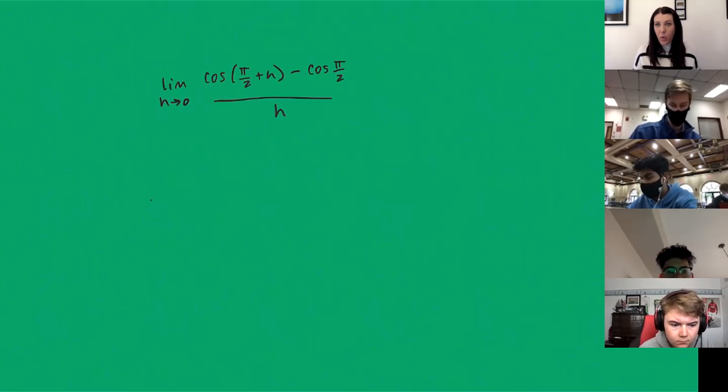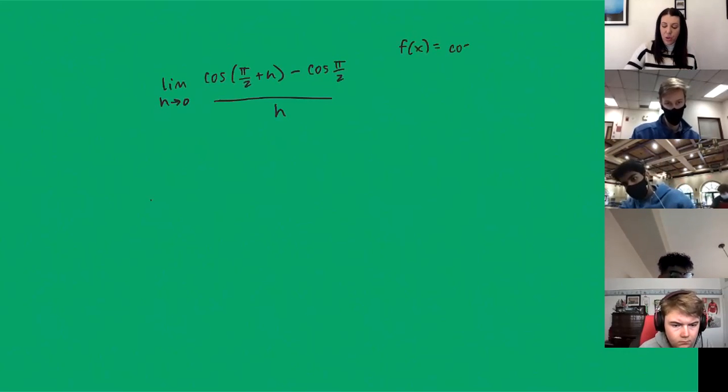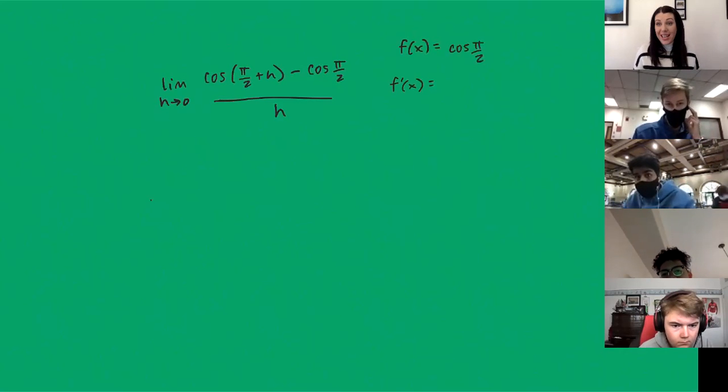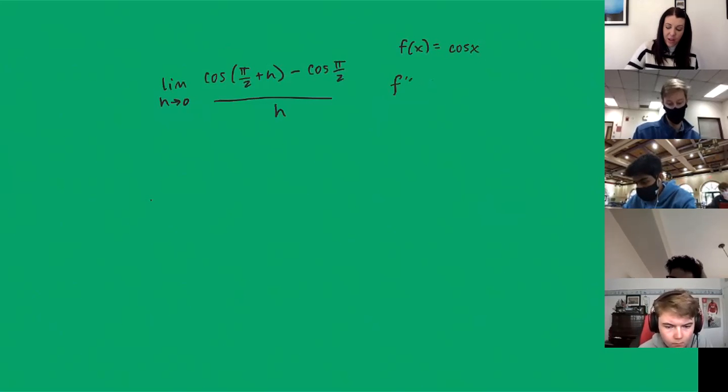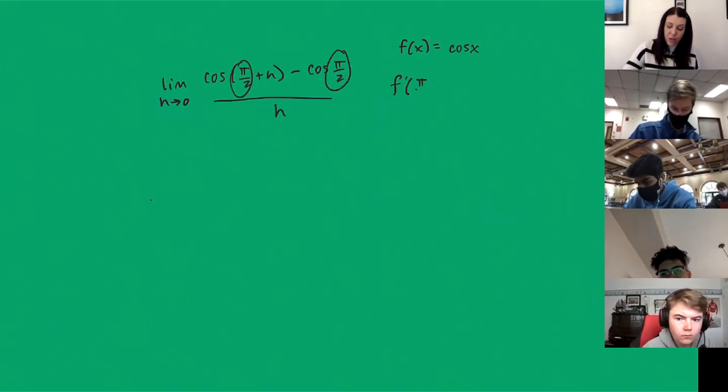What a lot of people would assume is that if f of x is equal to cosine of pi over 2, it means find the derivative of that, which is not the case. This question is still giving us the function cosine of x, but it's asking us to find f prime specifically of a value. So instead of f prime of x, it's asking us to find f prime of pi over 2. You'll notice the x's have been replaced with that.